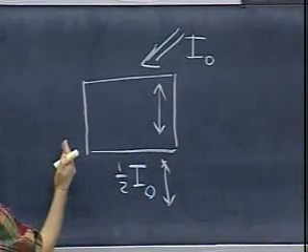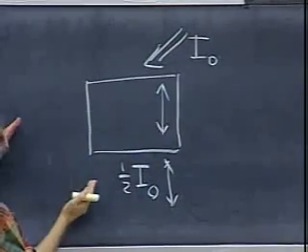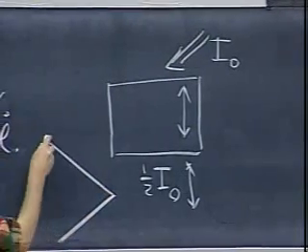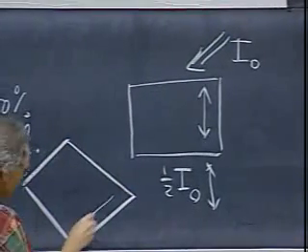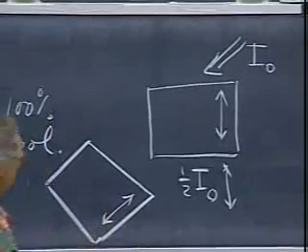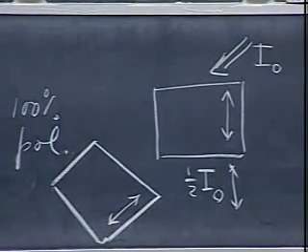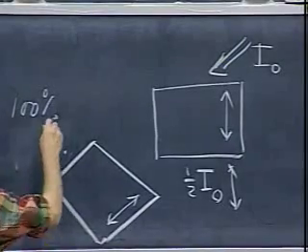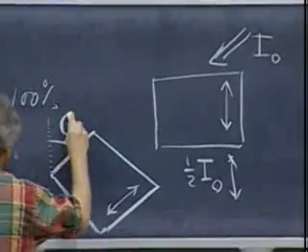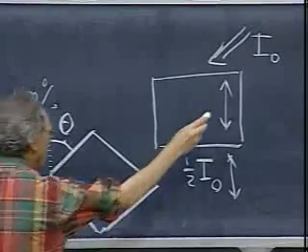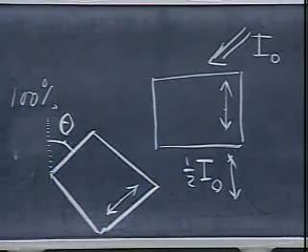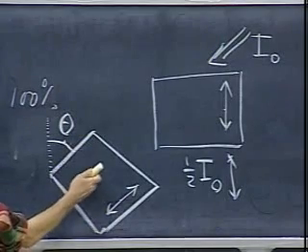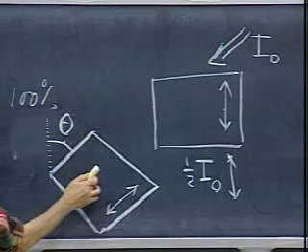I put it also in the plane of the blackboard, but I rotate it over an angle theta. So here is now a second sheet, which has a preferred direction of polarization in this direction, rotated over an angle theta. So between this one and this one is an angle theta. And so you can now immediately tell what the intensity of the light is that comes through this second polarizer.